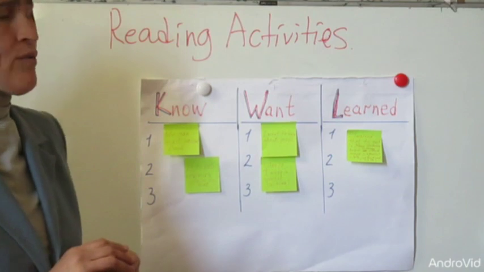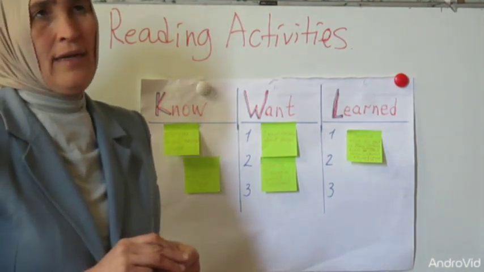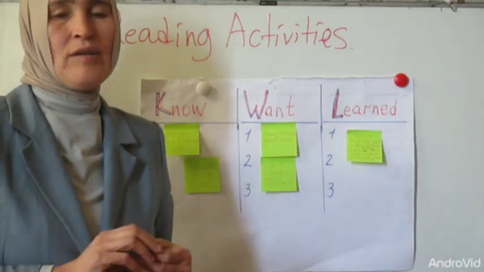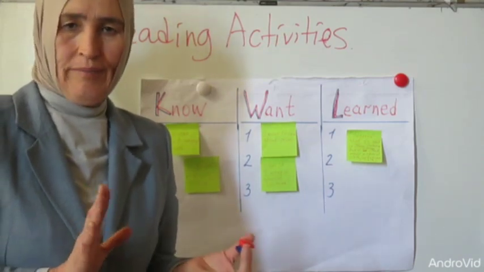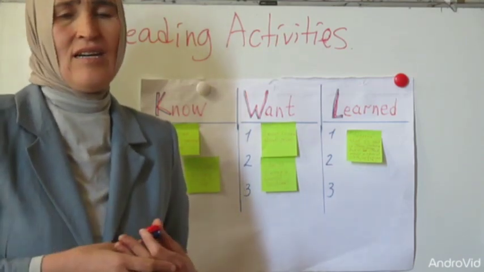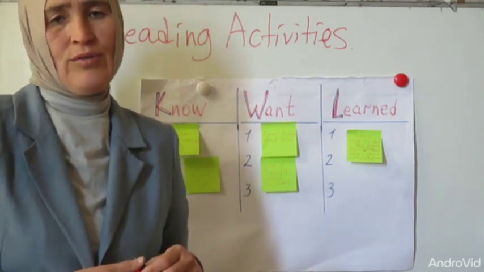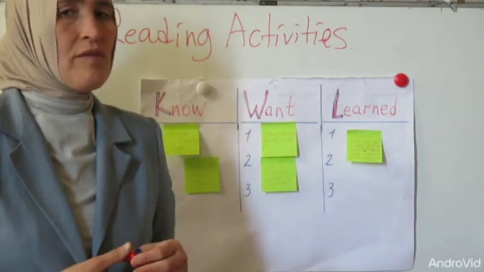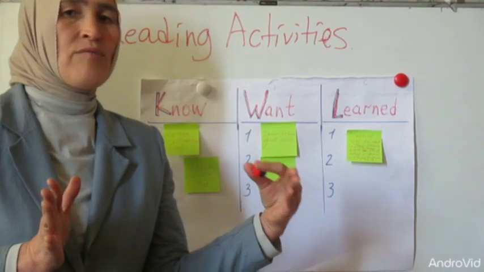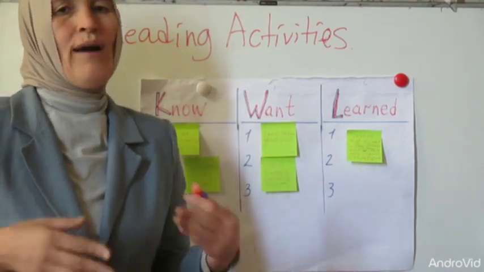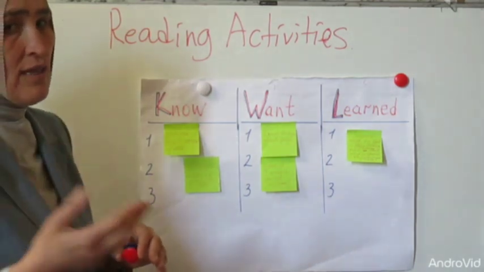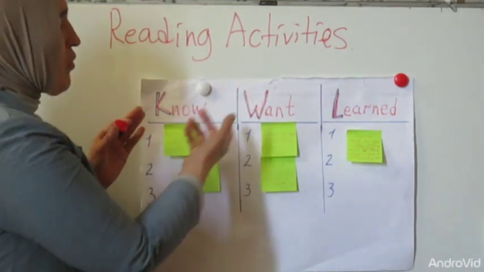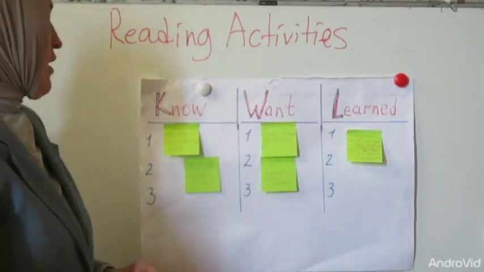Now let me give you one example. Let's say our reading will be about "No Ordinary Place to Eat." You can guess what kind of text we are going to read. Of course, it will be about unusual places where people can go and eat. And here you can ask your learners to fill in the know and want parts.